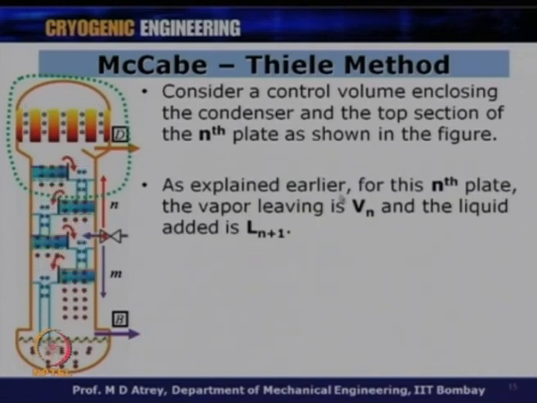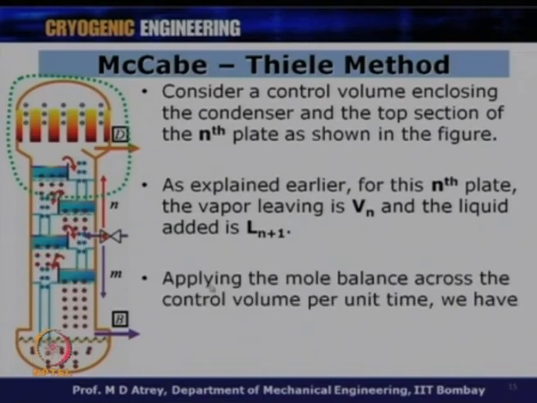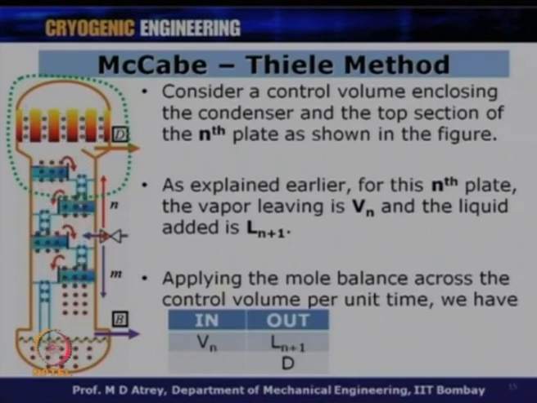As explained earlier, for this nth plate, the vapor leaving is Vn, and whatever liquid is coming down is Ln plus 1. I think this is very clear now. Applying the mole balance across the control volume, what is coming into the control volume is Vn, and what is leaving this control volume is D and Ln plus 1.